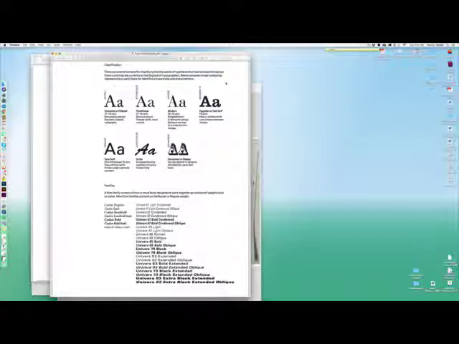I want you to start thinking about the different forms of letterforms. Basically there are three. There are the serifs, which are considered the more classic. They come from Trajan and start getting mutated primarily through England, France, and Italy.